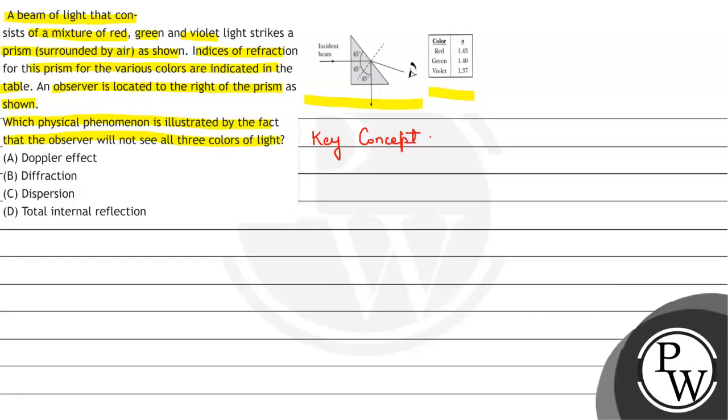The first key concept is basic knowledge of natural phenomena, like Doppler effect, diffraction, dispersion and total internal reflection, which are given in the question.